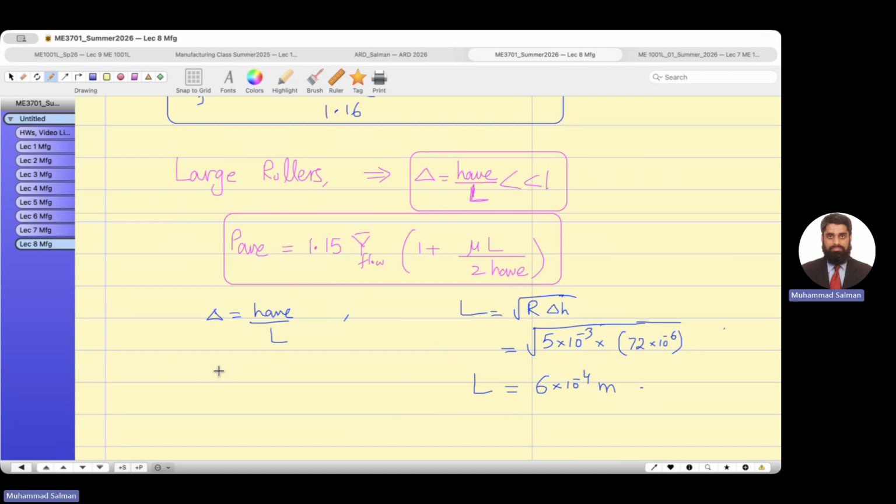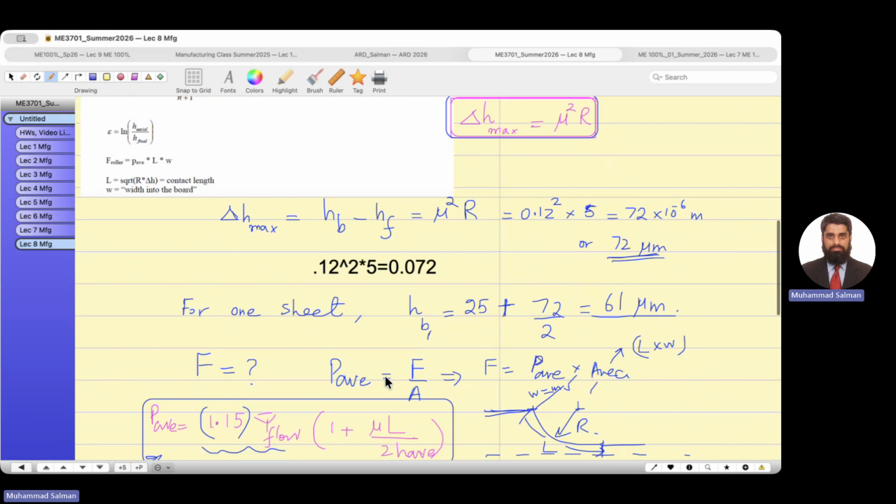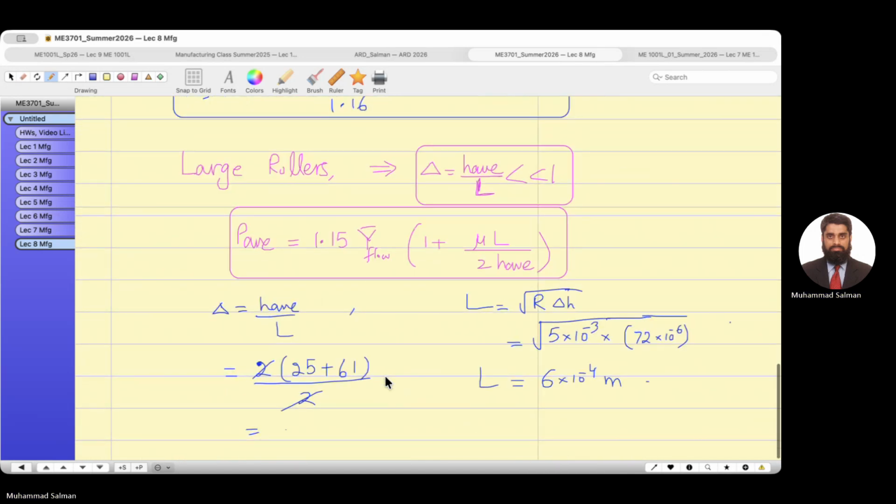And let's see H average, since we have two of these: initial thickness plus the final thickness, 61 plus 25, 86, divided by L, 0.144.